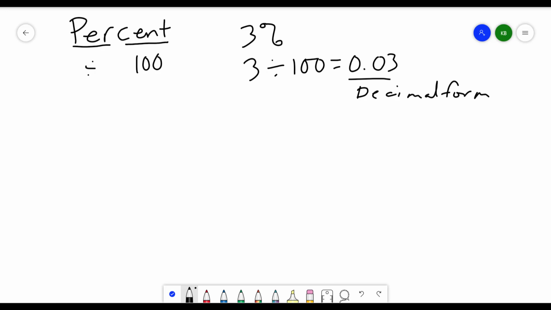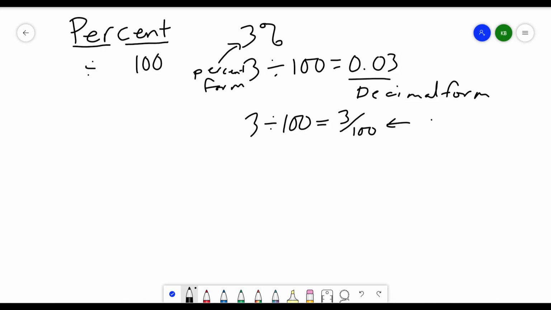All right, and this is the percent form. And if I had written, instead of saying 3 divided by 100 and going to decimal form, another option is I could have said 3 over 100. And this is the fraction form.